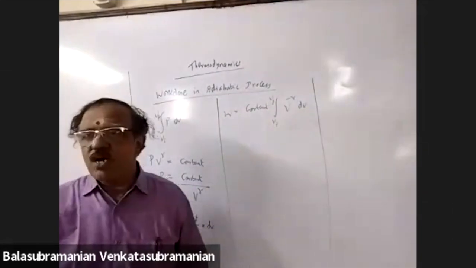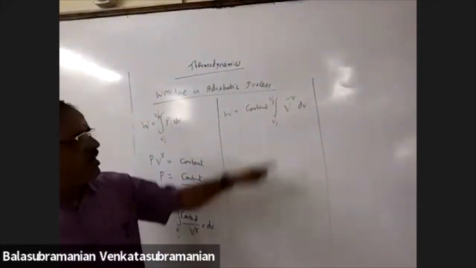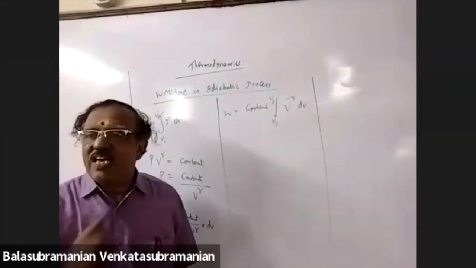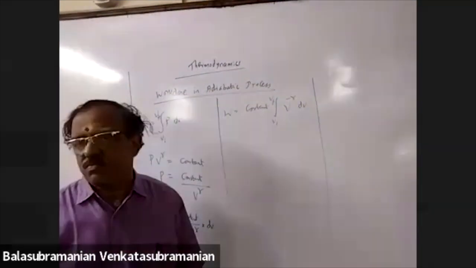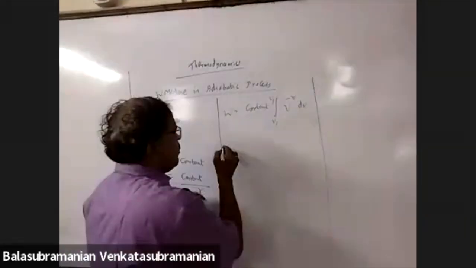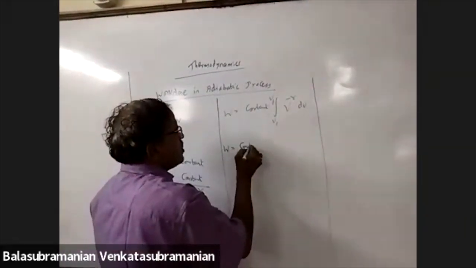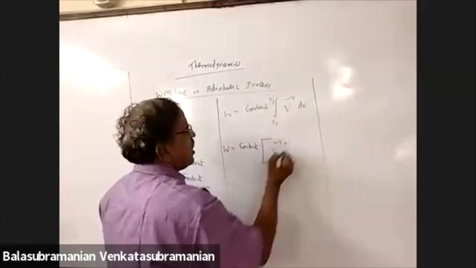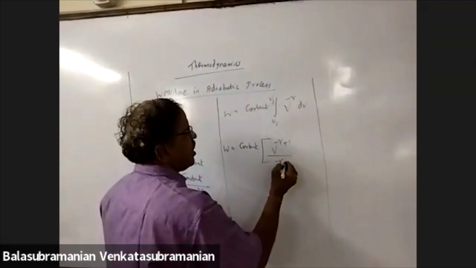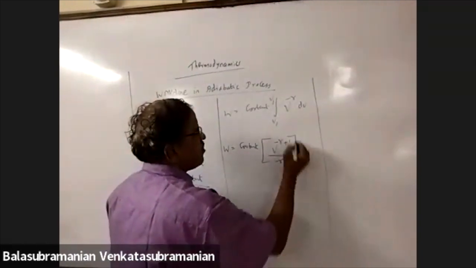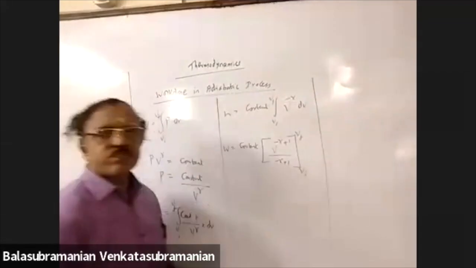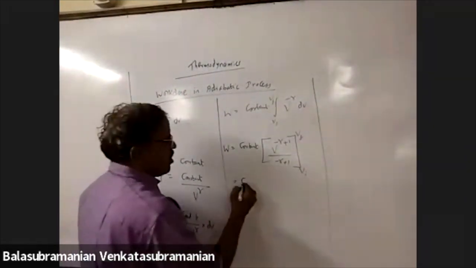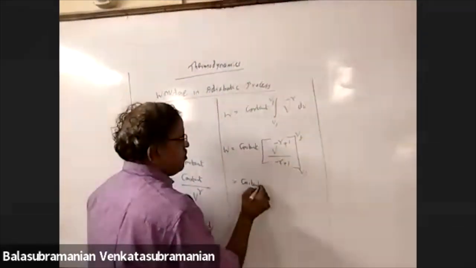Integration basic formula you know. What formula? Integral x power n dx is x power n plus 1 by n plus 1. So W is equal to constant, V power minus gamma plus 1 by minus gamma plus 1, limit Vi to Vf.